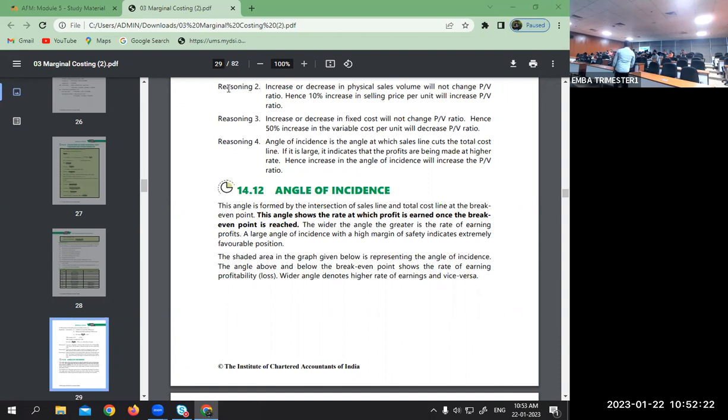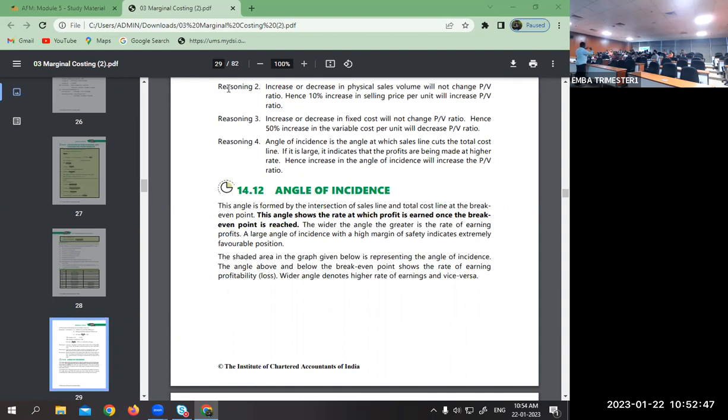In this, introduction to accounting has a lot of theory. What is accounting? Different branches of accounting, objectives of accounting, advantages of accounting, disadvantages of accounting, principles of accounting. In that, concepts of accounting and conventions of accounting.